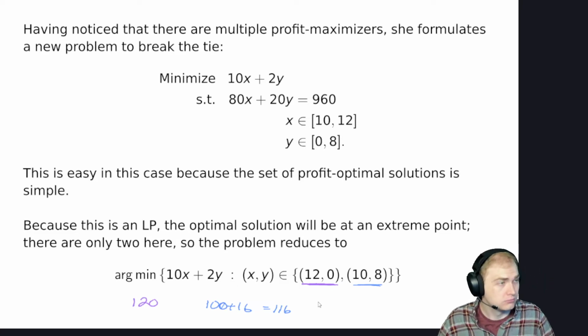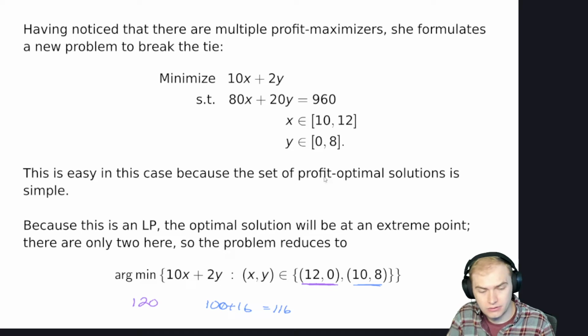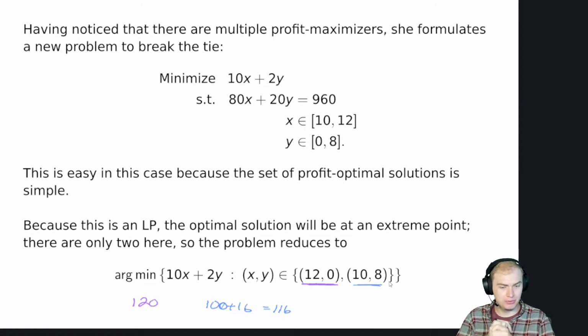So we have found a new solution, 10 and 8, that has the same profit as our original solution, but wastes slightly less rosewood. Excellent. That's what we want.